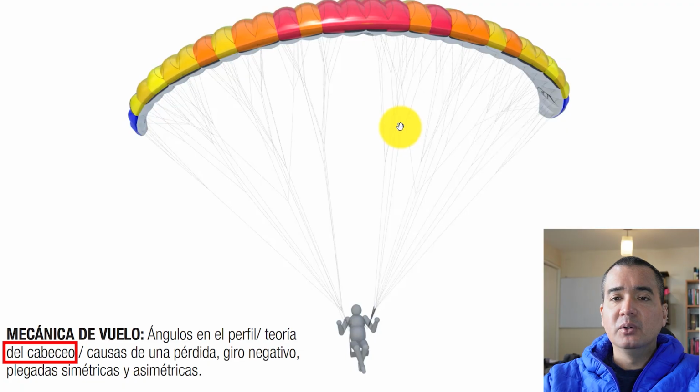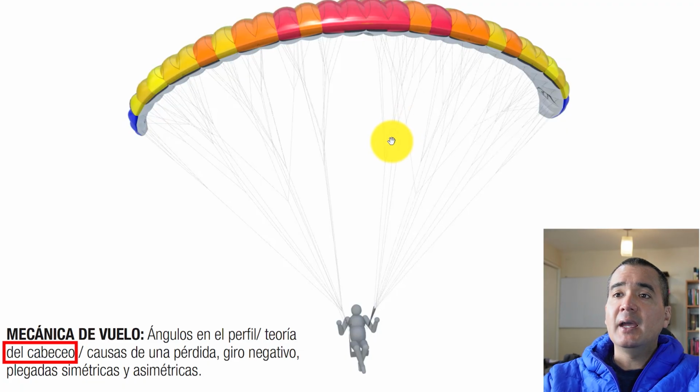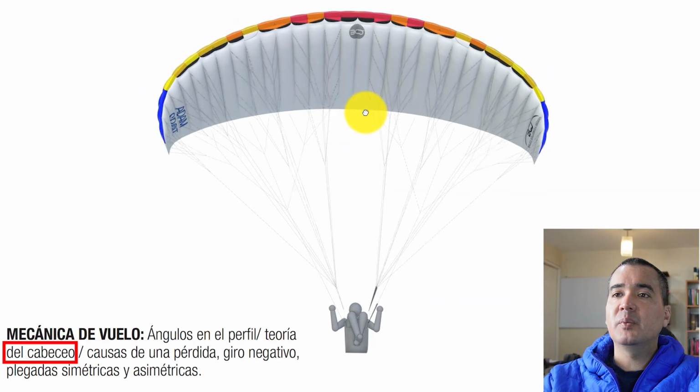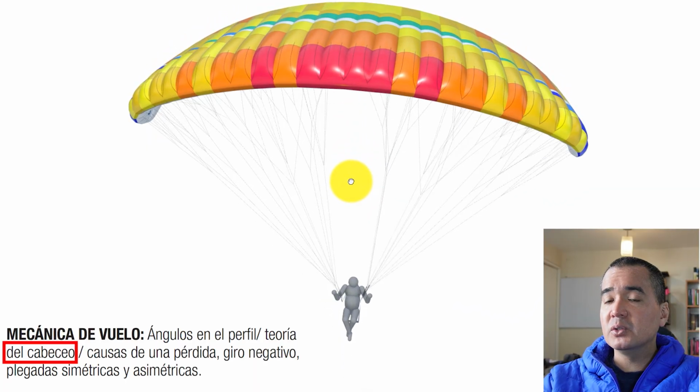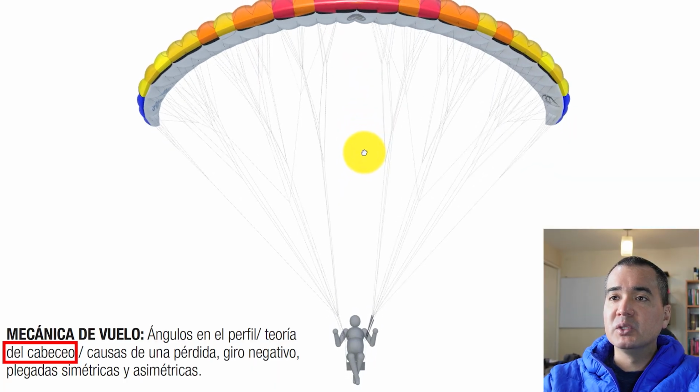Another cause of pitch is simply flying in strong conditions, in turbulent thermal conditions. When we enter and exit a thermal abruptly, we will see how the paraglider first falls back a little and then surges forward, and if it is not controlled, it collapses.